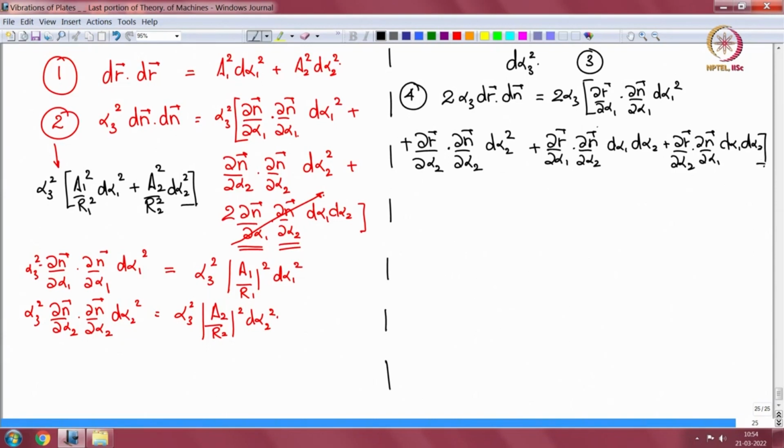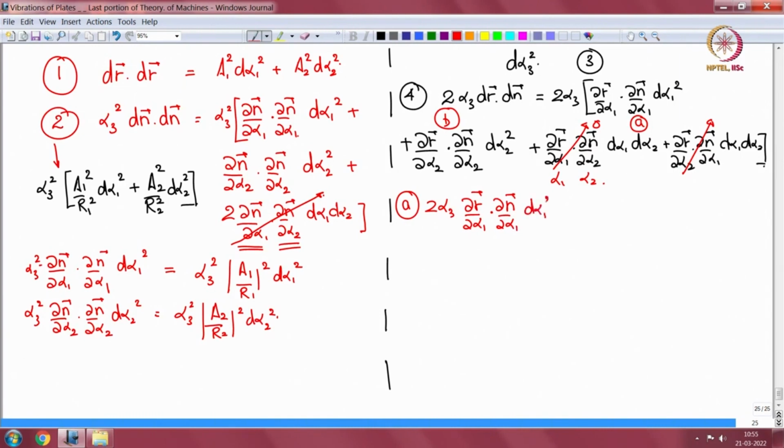Okay. Now, we should know that these two terms are 0, because this is in alpha 1 direction, this is in alpha 2 direction. So, we are left with A and B. Okay. So, what is the A term? The A term is twice alpha 3 into del r by del alpha 1 dotted with del n by del alpha 1 d alpha 1 square.